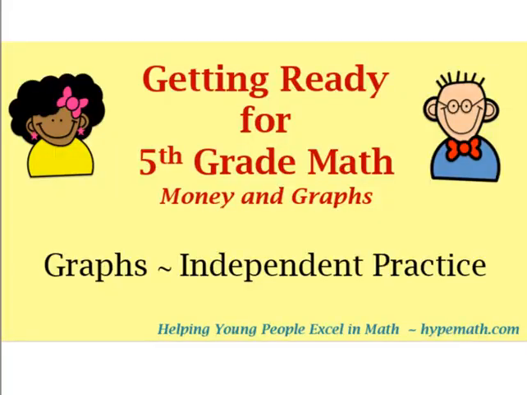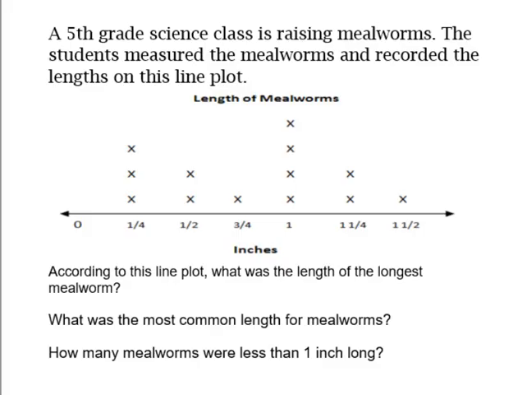Let's move on to the independent practice section for graphs. Our first question says, a 5th grade science class is raising mealworms. Yuck. The students measured the mealworms and recorded the lengths on this line plot. Here's a line plot and we see that it's from 0 to 1 1/2 inches.